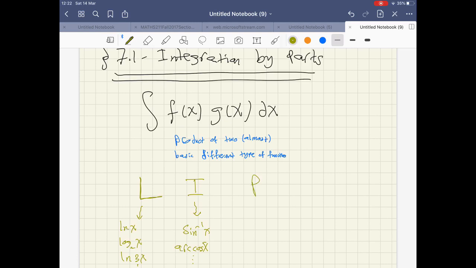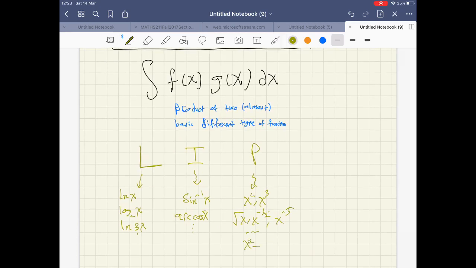We have the power functions, which are x squared, x cubed, square root of x, x to the minus half, x minus 5, etc. Even x squared plus 2x plus 1, any polynomial power is in this category.